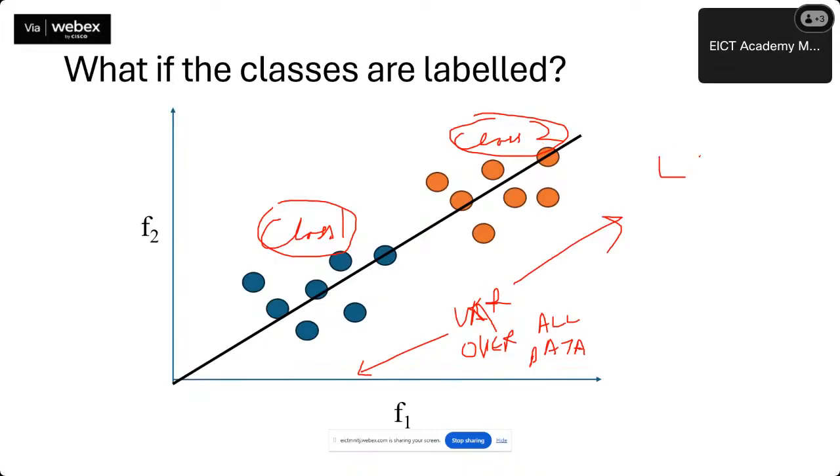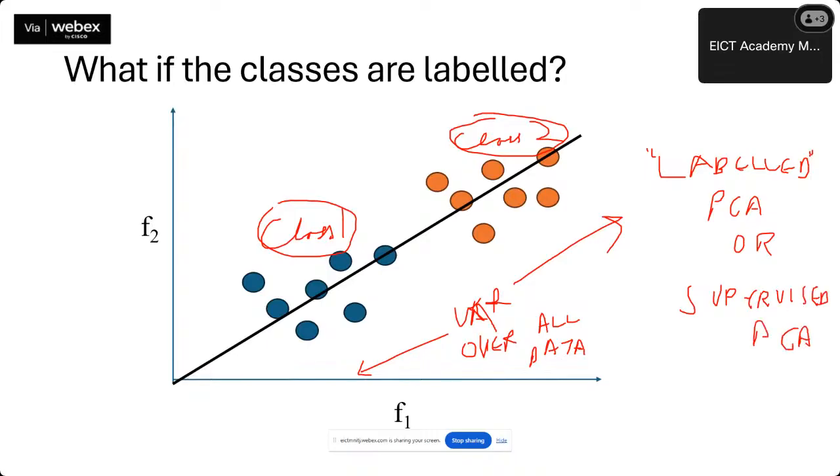So, informally speaking, LDA is sometimes called the labeled PCA, or the supervised PCA. A PCA, the principal component analysis, in which I have these class labels as additional information.